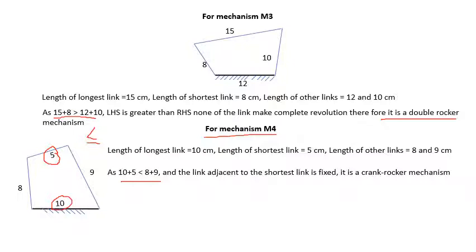So 10 plus 5, here we have 15 and here we have 17. Therefore, it is satisfying the condition. So one of the links is having rotational motion. Therefore, we call this one a crank rocker mechanism, or the vice versa of the first inversion.